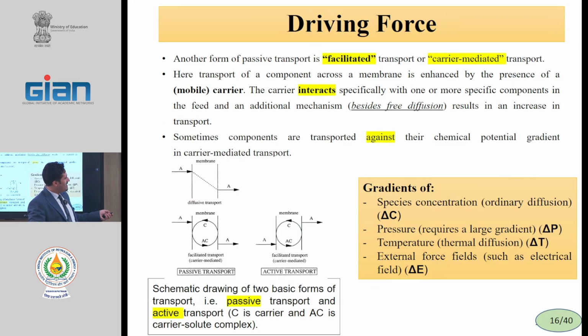For this attachment and release, we need a change in response. For example, here we have pH 8. Here on the permeate side, we have pH 4. With a change of the pH, this carrier can complex with the metal, and with reducing the pH it can release.